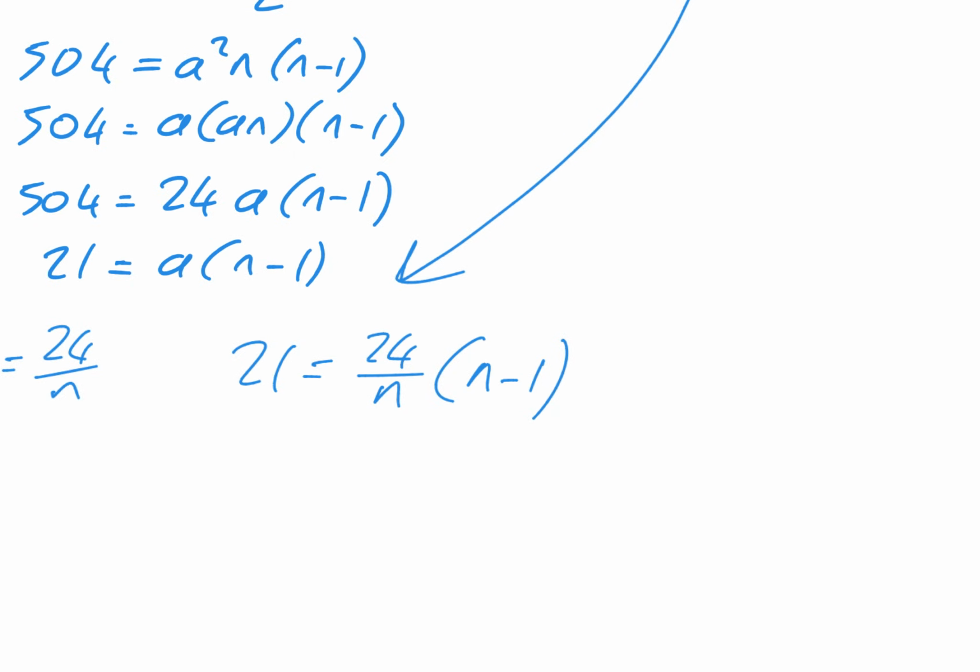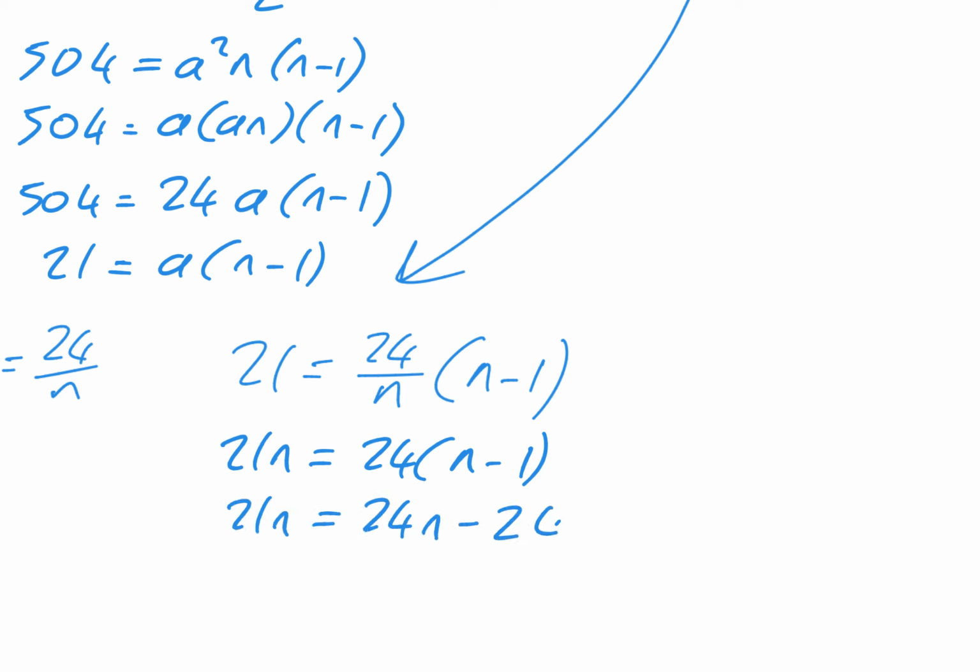It's not even going to become a quadratic at all, it's going to become linear. Multiply across by n, you'll have 21n is equal to 24 times n minus 1, which means 21n is equal to 24n minus 24.